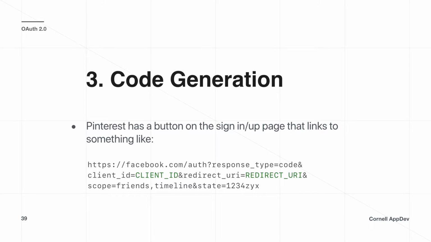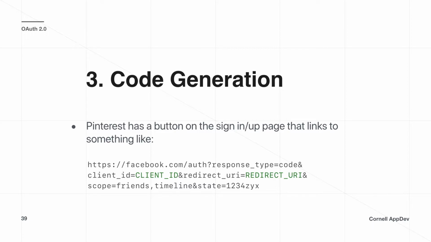Finally, we have the code generation. So this code is for Pinterest. Pinterest will have a button that will say continue to Facebook, and it will link to something like this. It'll link to a Facebook URL, and it'll say something like auth, so you know it's going to its auth endpoint. And it's going to send a few things with it so Facebook knows what's going on.